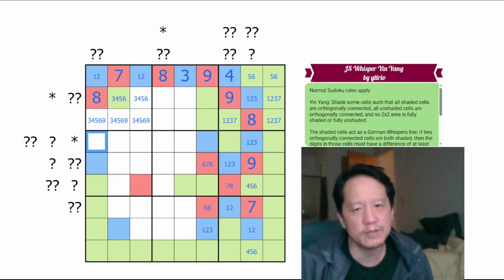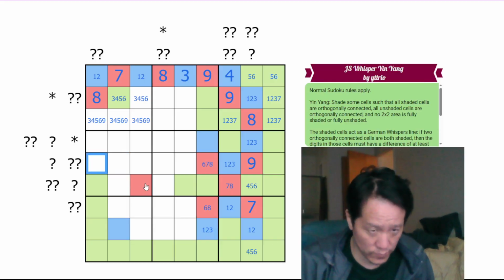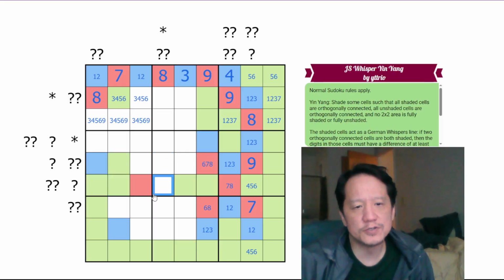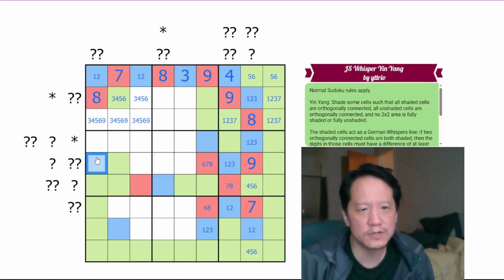It could be red. It could be blocked off. So then this is all green. This is red and blue that way. And then this connects here. So that is possible. So if that's the case, then this has to be green. But that doesn't tell us much, right?